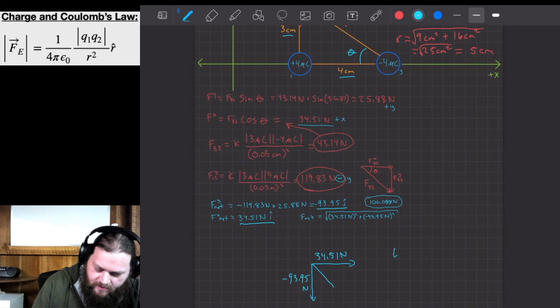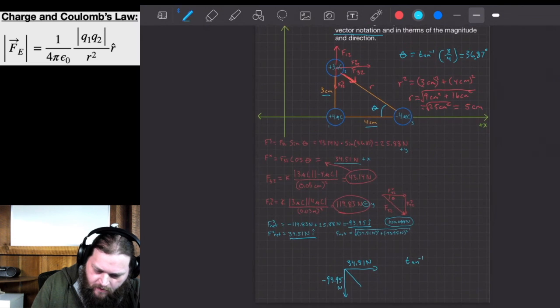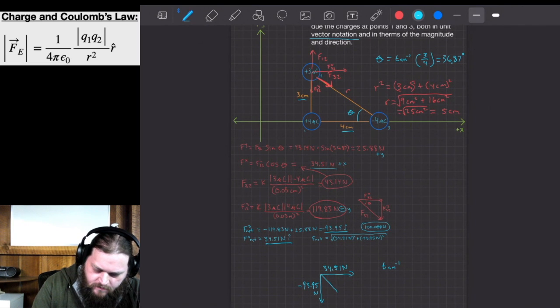Tangent inverse of, and which angle are we looking for? It's down. Okay, so the opposite is going to be this guy.